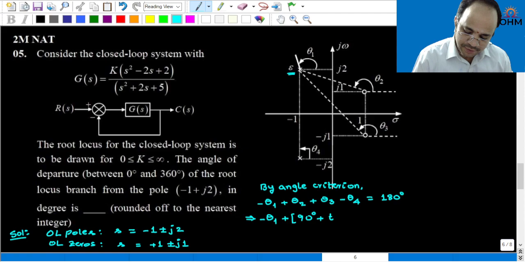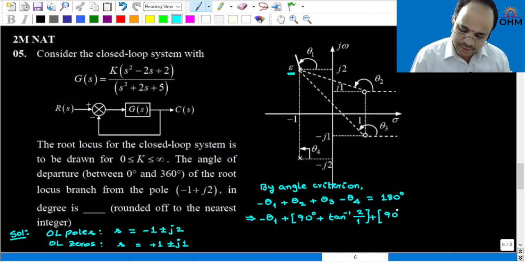90 degree plus tan inverse, here the opposite side is 2 by 1, plus theta 3 is 90 degree plus tan inverse, opposite side is 2 and adjacent side is 3, and minus theta 4 is 90 degree, is equal to 180 degree.